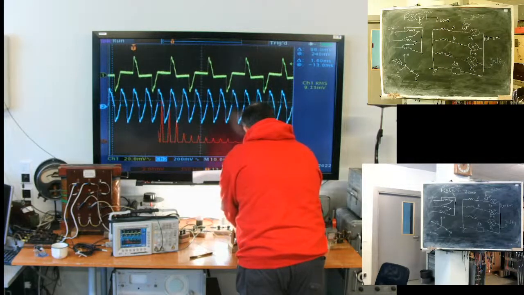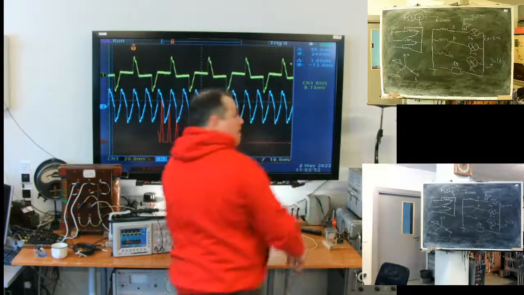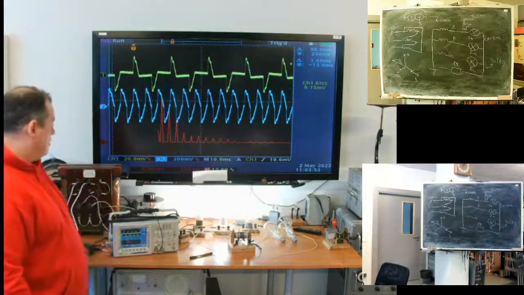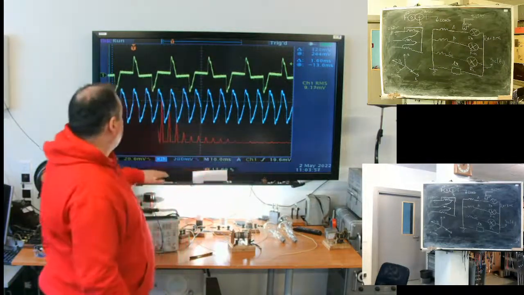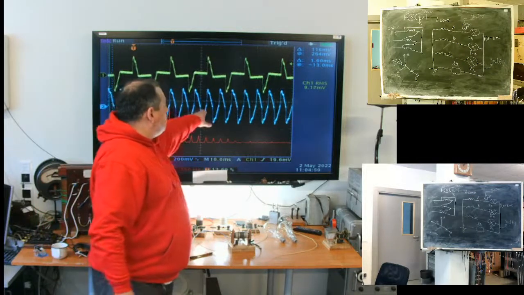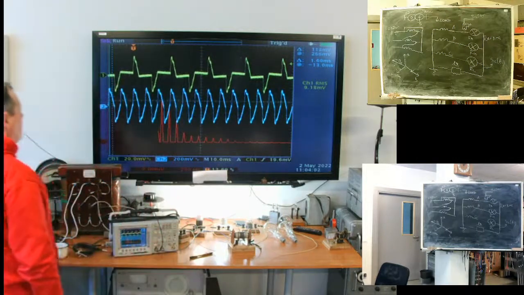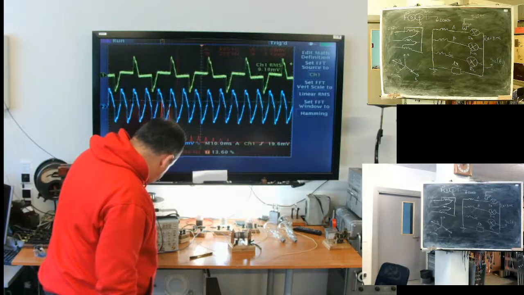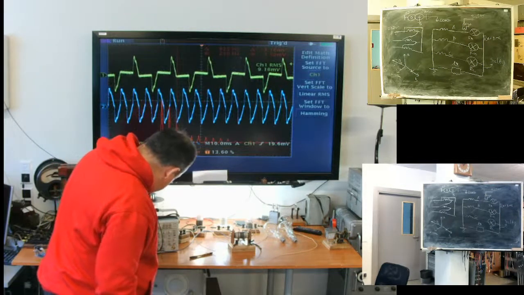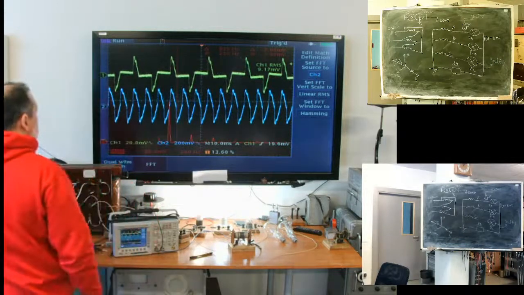Now I'm returning. Here they are, all three: A, B, C. All three phases. And take a look at the neutral current. Here is the spectrum.